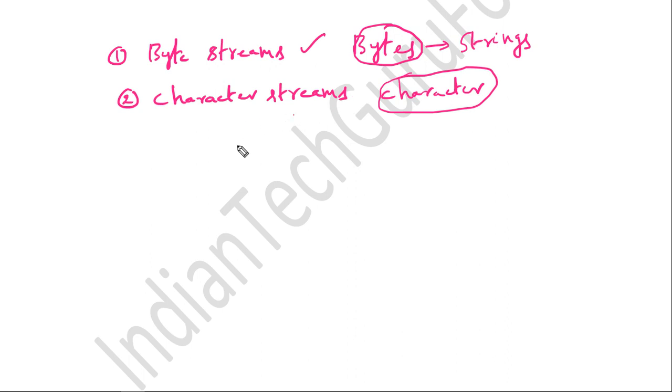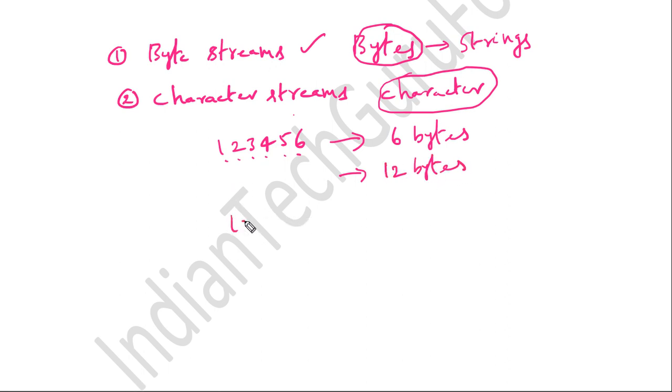In the case of character streams, numeric data is also considered as characters. For example, if I want to store the number 123456, then it will be treated as characters only, because there are 6 characters. In ASCII format, 6 bytes are needed. In the Unicode character set, because Unicode takes 2 bytes for storing one character, it requires 12 bytes.